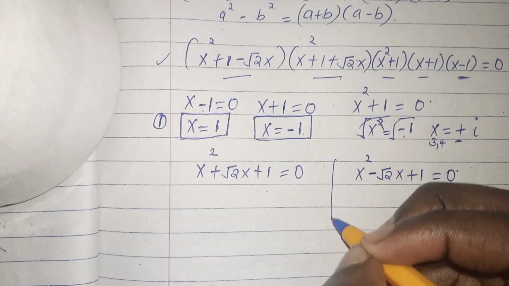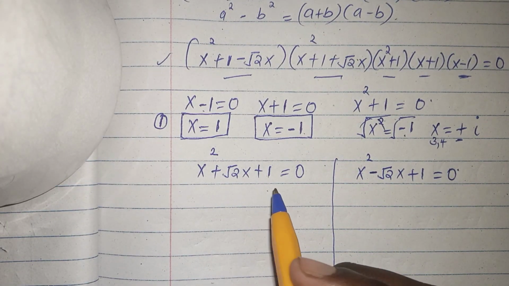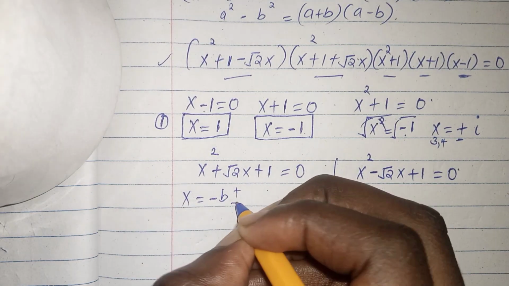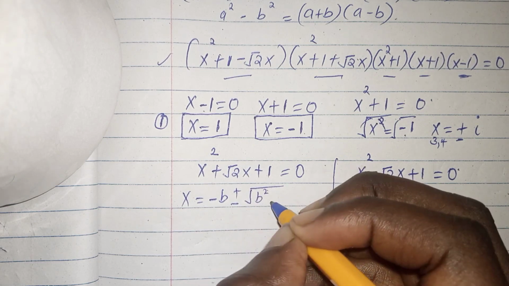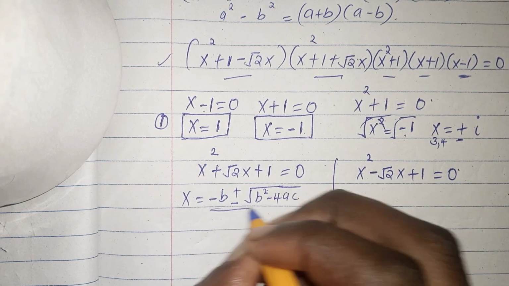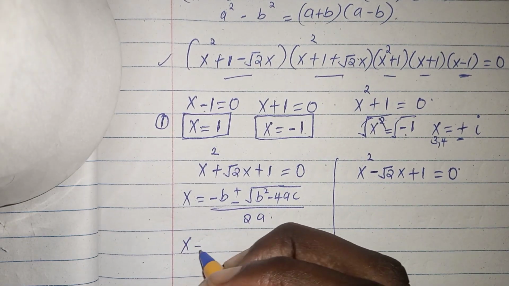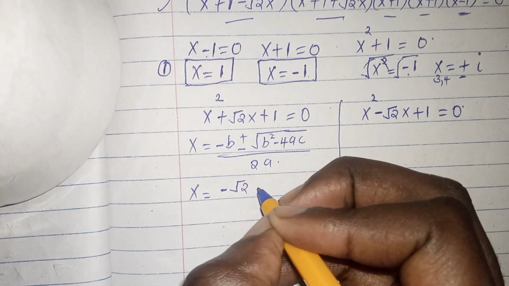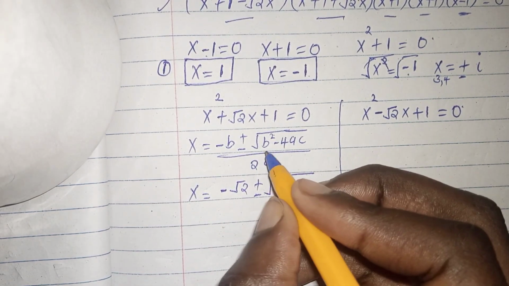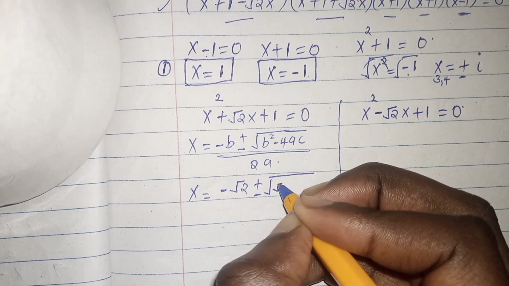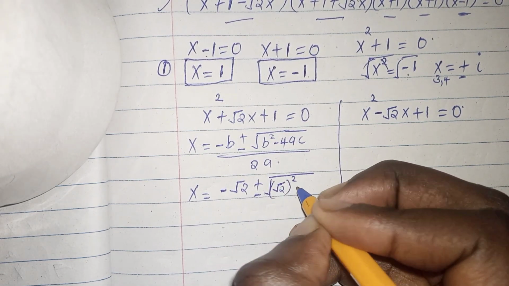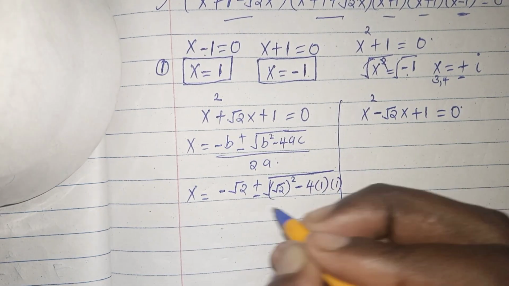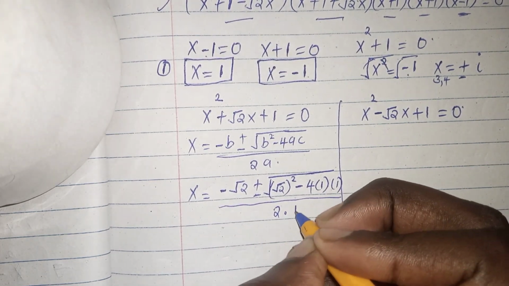For this case here, we can still solve this as a quadratic equation using the quadratic formula. So x is equal to minus b plus or minus the square root of b squared minus 4ac, over 2a. So x is equal to negative b, so this is negative square root 2, plus or minus the square root of b squared. So this is negative square root 2, all squared, minus 4 times a, which is 1, and c, which is 1, over 2 times a, which is 1.